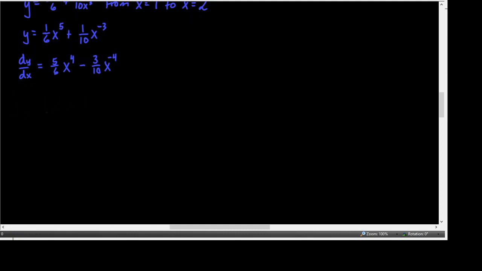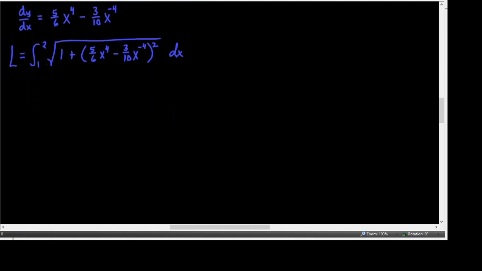So the arc length will be the integral from 1 to 2 of the square root of 1 plus the derivative answer we just found, squared, dx. All right, and I do want to solve this one without a calculator. So buckle up. This is not trivial.